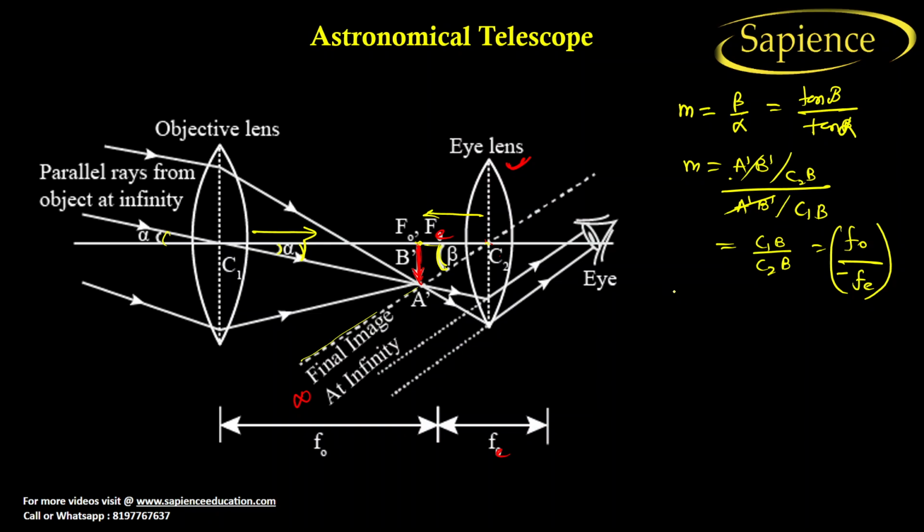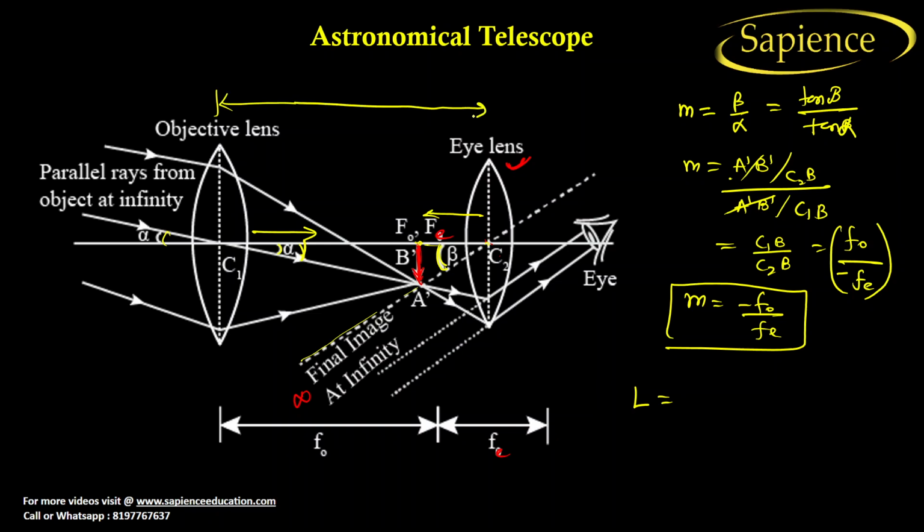So finally we have got magnification equal to minus fo by fe. And the length of the telescope will definitely be this length, which can be considered as fo plus fe. So this is the length of the telescope.